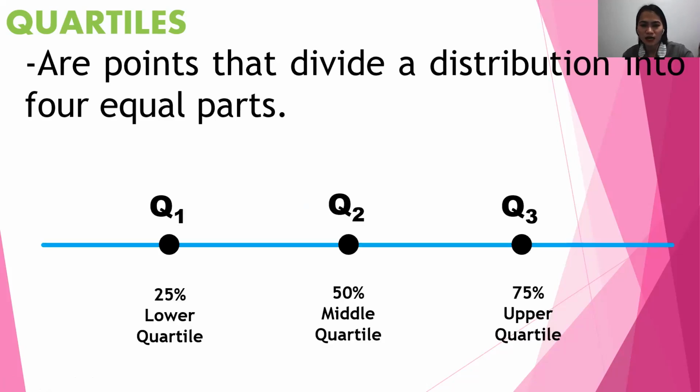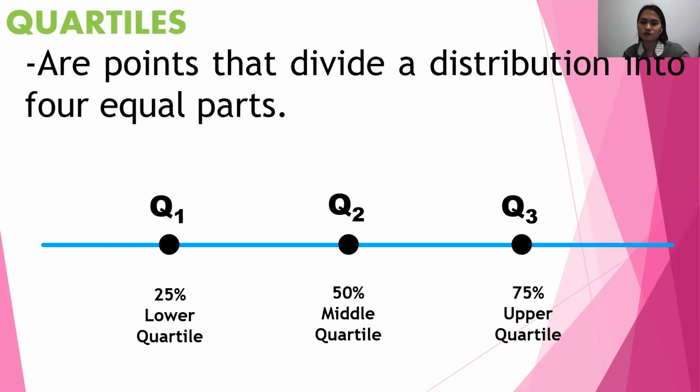Okay, so look at the concept. We have Q1, Q sub 2, and Q sub 3. This is the concept of our data distribution. The horizontal line represents our data distribution, and we have Q1, Q2, and Q3.